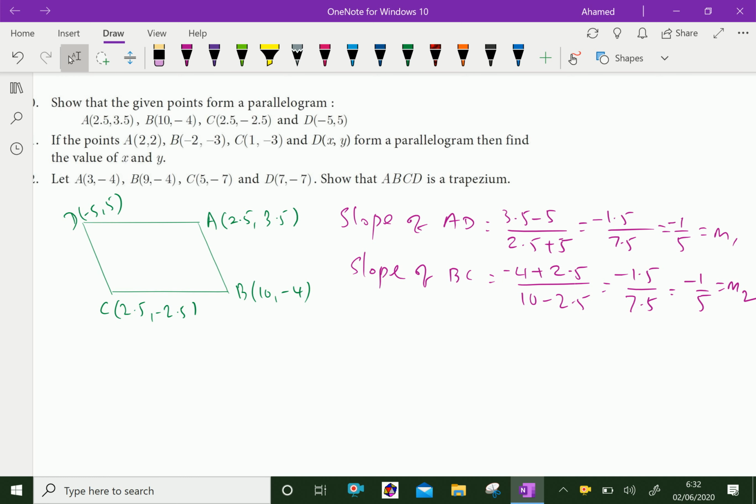Then the slope of AB. Look at this figure.